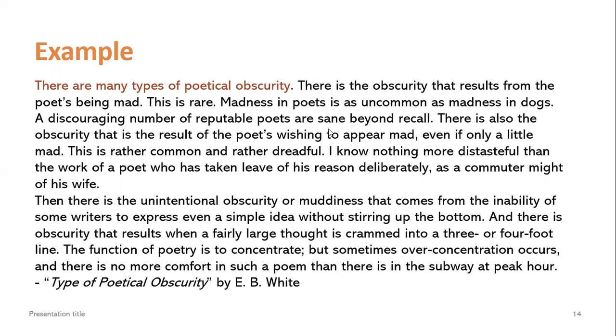There is also the obscurity that is the result of the poets wishing to appear mad, even if only a little mad. This is rather common and rather dreadful. I know nothing more distasteful than the work of a poet who has taken leave of his reason deliberately, as a commuter might of his wife.